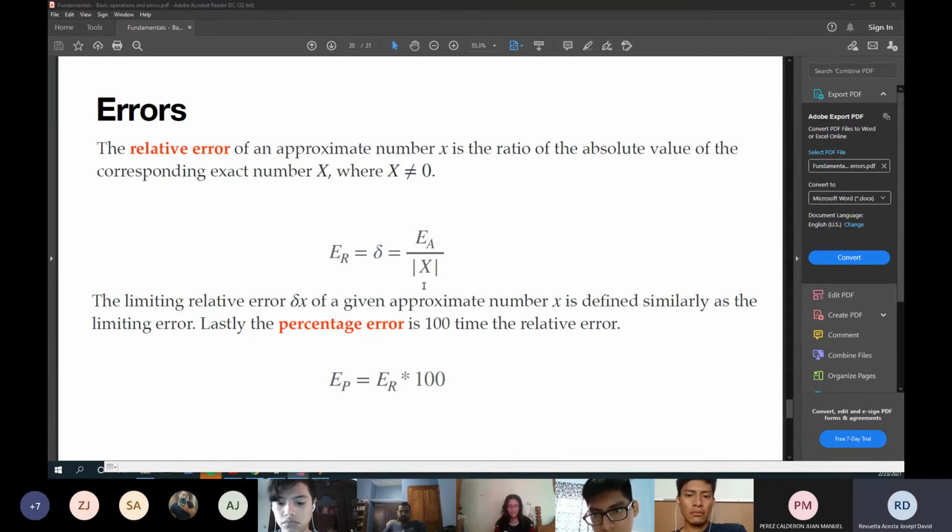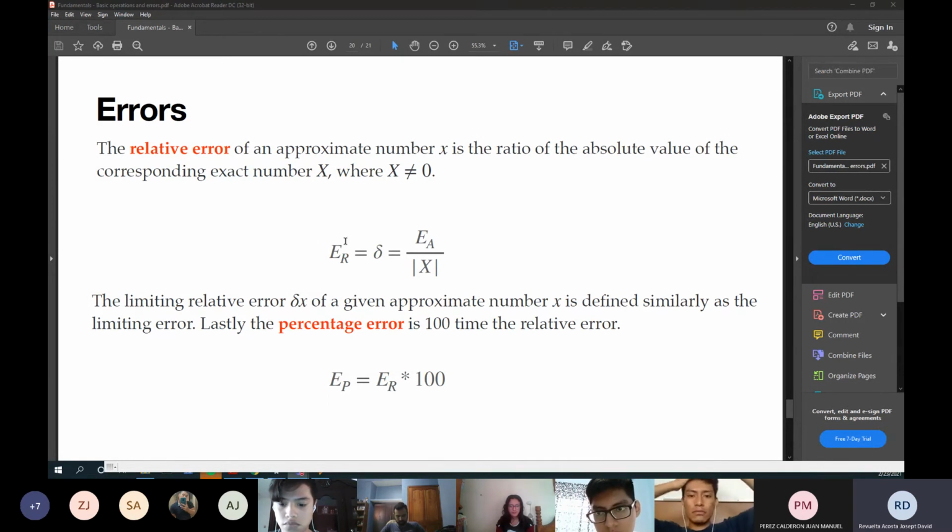Seno de 5 más 0.9587 me daba menos 0.2 de eso, pues vamos a multiplicarlo por menos 1 para que sea positivo, entre el valor real, que sería en este caso, por supuesto, seno de 5. El valor en este caso que tengo de un error relativo sería 2.338 por 10 a la menos 4. O sea, es un error bastante pequeñito. O sea, ese sería el error relativo.